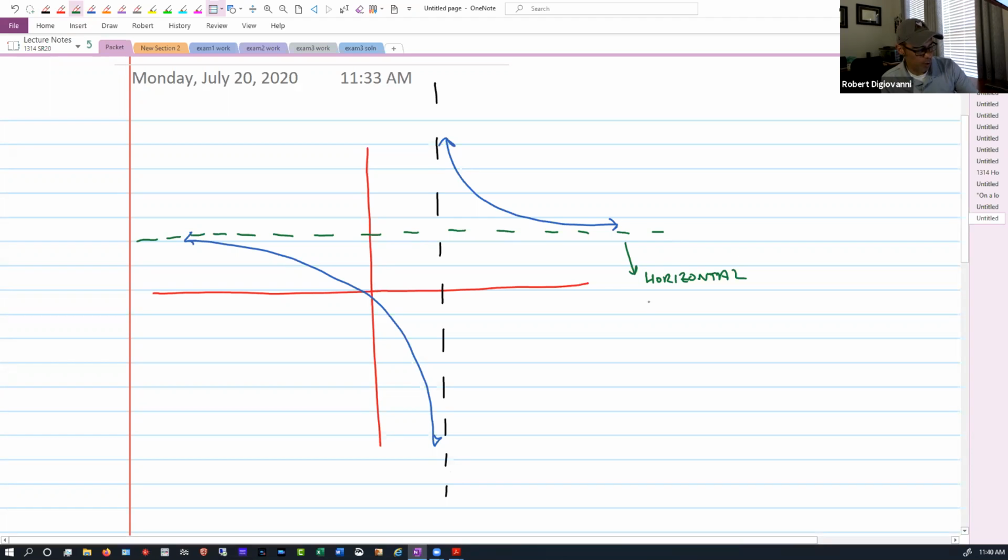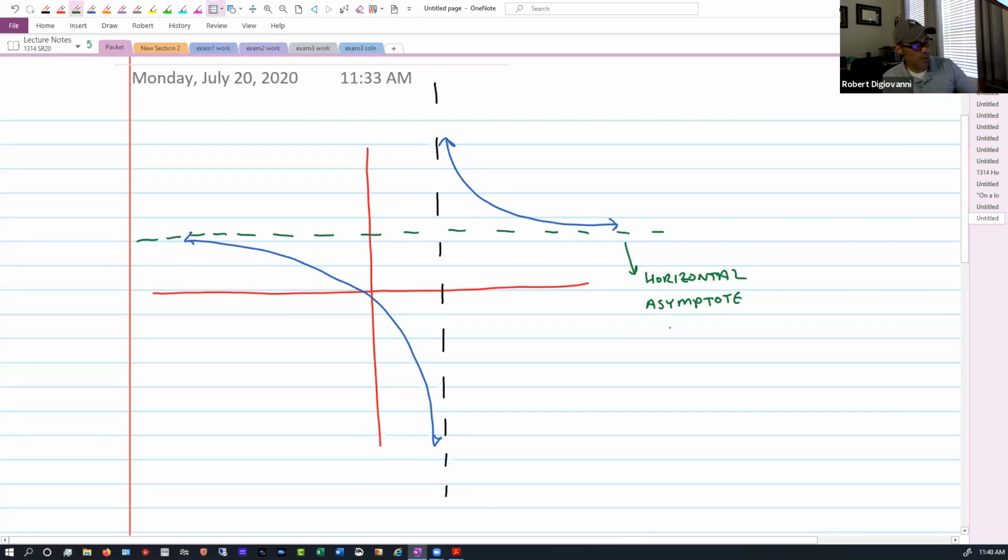Now here's the weird word. I'll write it first, and then I'll tell you how to say it. Horizontal asymptote. The P is silent. Asymptote. It's a weird word. Horizontal asymptote.